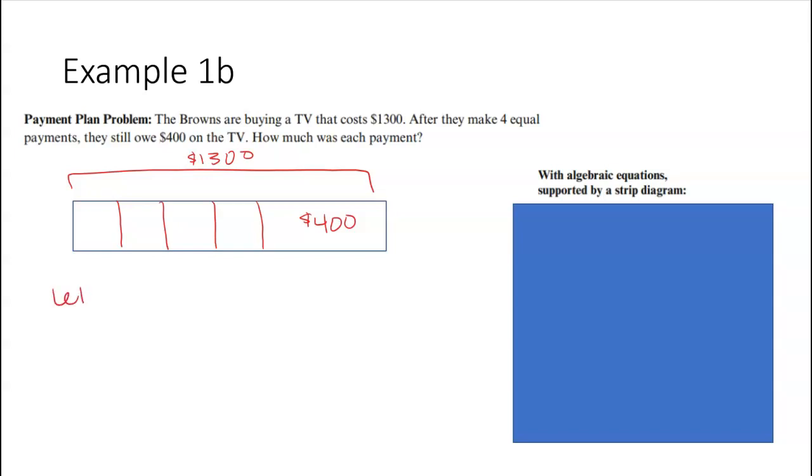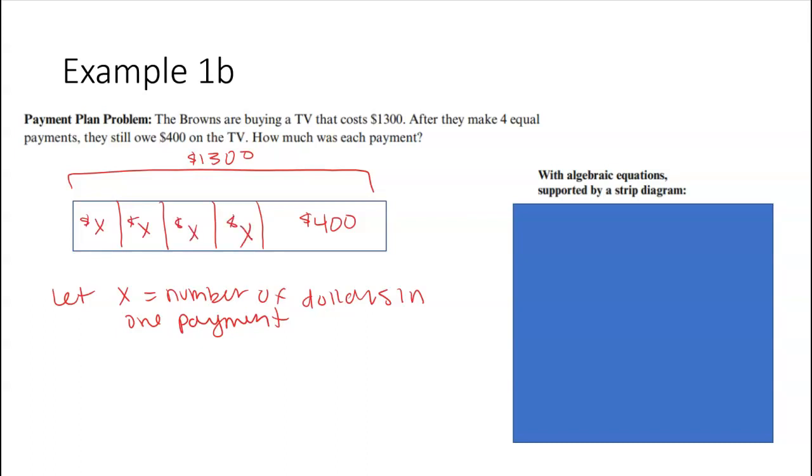We can let x equal the number of dollars in one payment. So that means these are x dollars, right? x, x, x, x. So then we could actually write an equation. We could say, okay, there's 4x plus $400 equals the total of 1,300. And then we could solve it.